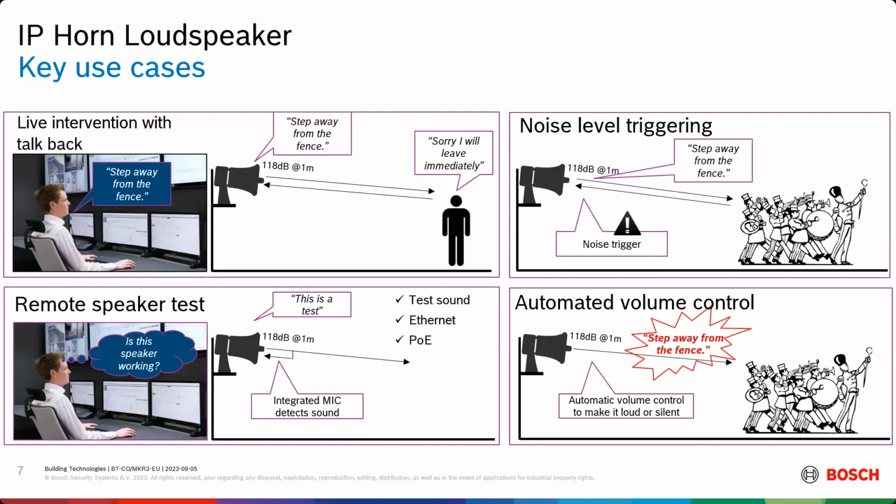You want the proper volume actually meeting the situation. This is what the automated volume control does for you. If there is a lot of ambient noise, it automatically will tune up. If the area is rather quiet, then it will automatically tune down, ensuring that you always have proper speech intelligibility.